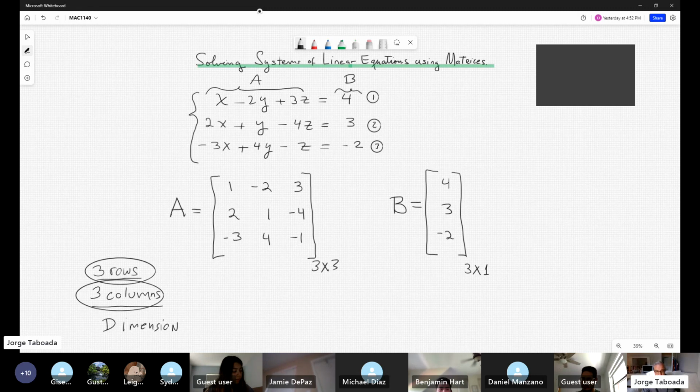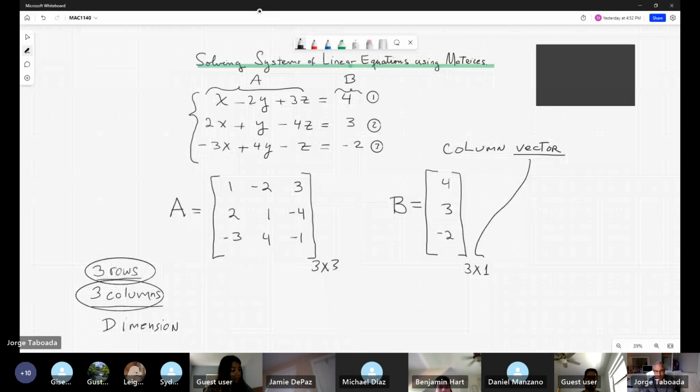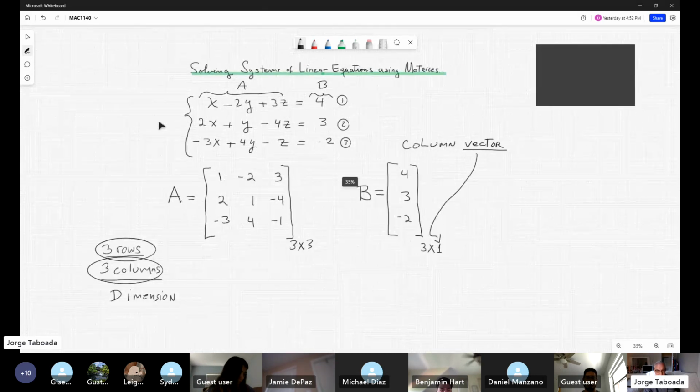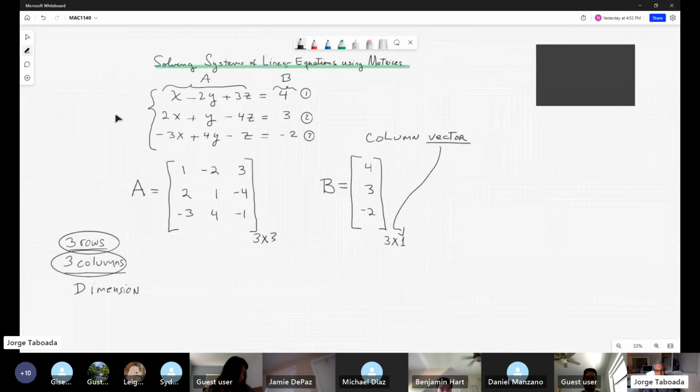Normally this is called a column vector. So the word vector is equivalent to the word matrix, but vector is used when one of the dimensions is 1. It's similar to the notation of a vector. Actually, it's not a vector, but it's the terminology.